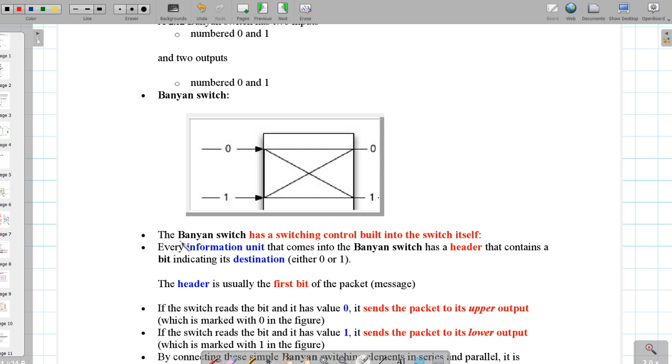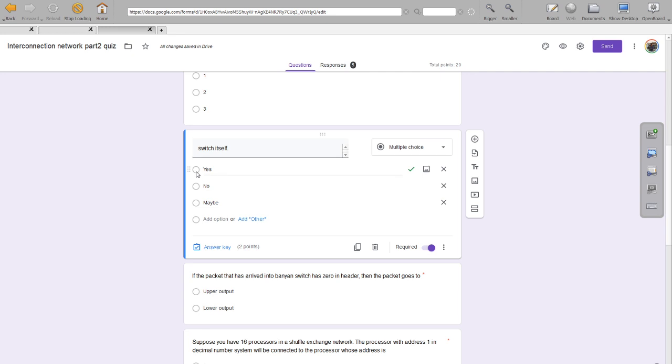Here it is clearly written that the Banyan switch has a switching control built into the switch itself. So it implies that the routing of outputs towards different ports is controlled by the controller implemented inside the switch itself. So your answer is going to be yes here.